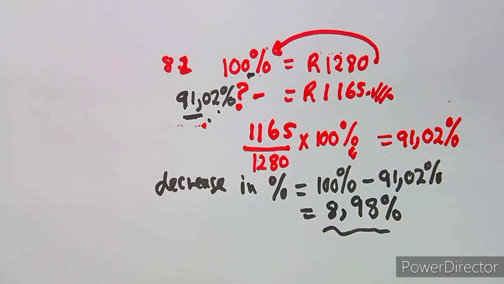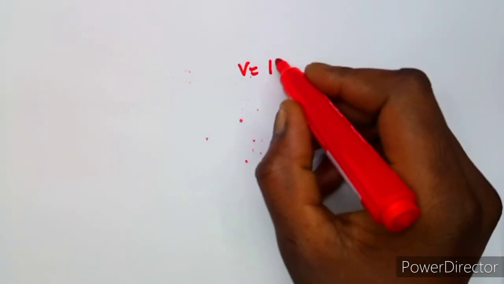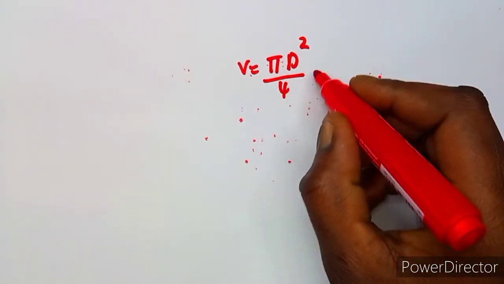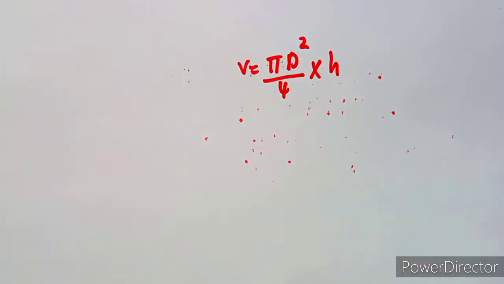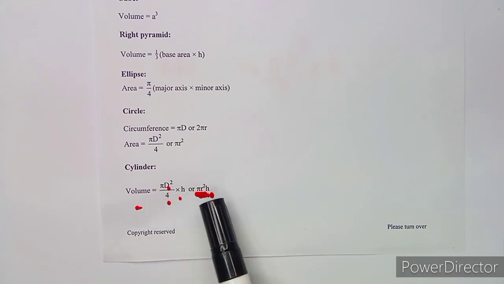Okay, so when we are given the diameter, the formula is V is equal to pi d squared over 4 times h. This is the formula there. Okay, so this is 8.3 actually. So that's the formula that we are going to use, or you can change this d to radius so that you can use the other formula depending on what you want, guys.